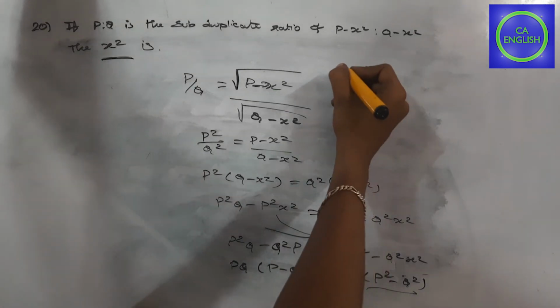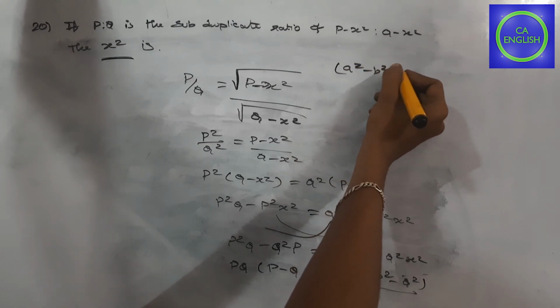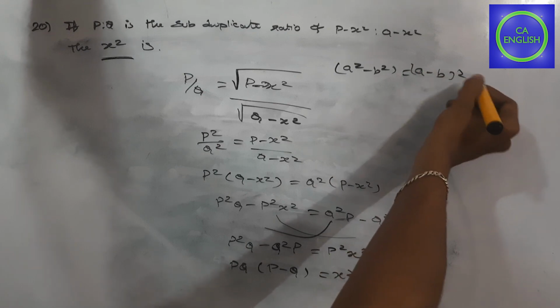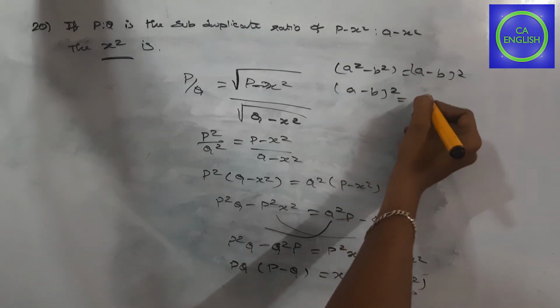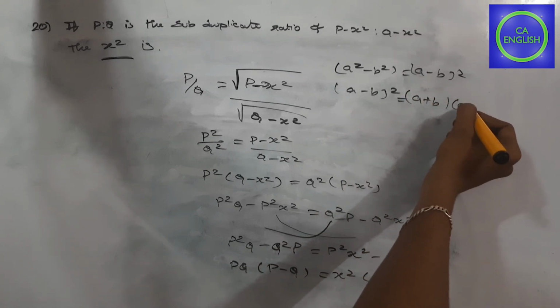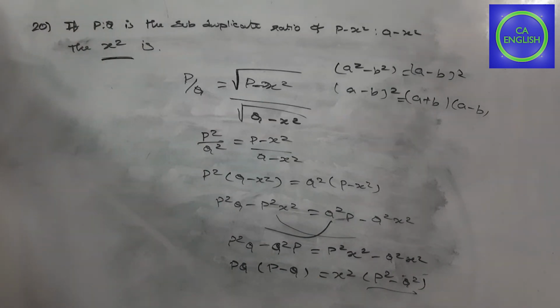The thing is a square minus b square, the formula is equal to a plus b into a minus b. That is the formula. Now we can solve using the formula.